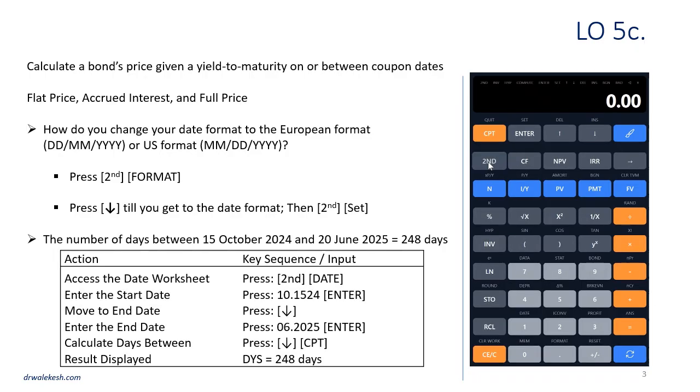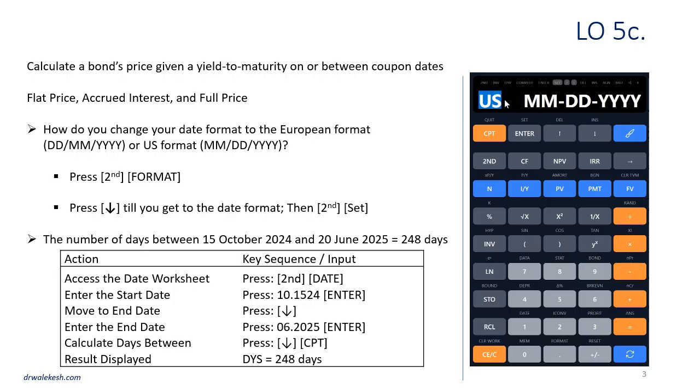Here we want to compute the number of days between the 15th of October 2024 to 20th of June 2025. However, before we get started, let us confirm the calculator's date format. So to confirm that, I would press second function, then format. I will have to press the arrow pointing down. I still need to press it one more time.